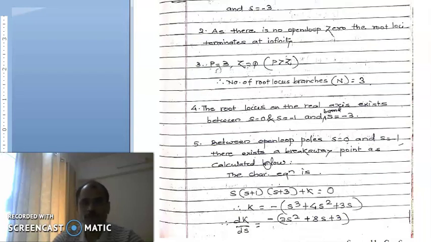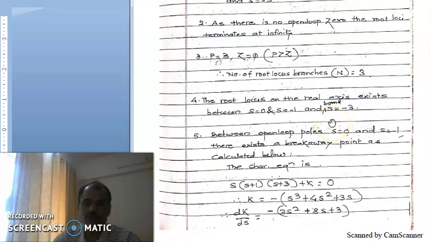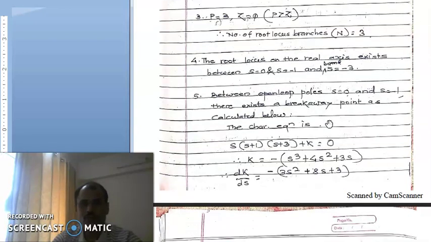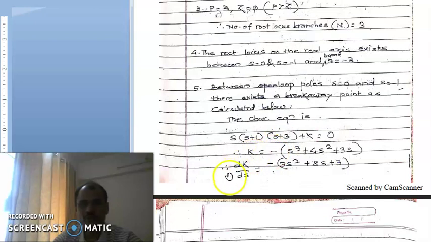Step number 4, the root locus on real axis exists between the first pair, that is 0 and -1, and another one will proceed further on the real axis. Between open loop poles there is a breakaway point, and therefore take the characteristic equation, rearrange for k, take the first derivative, and we have the first derivative as -3s square minus 8s minus 3.